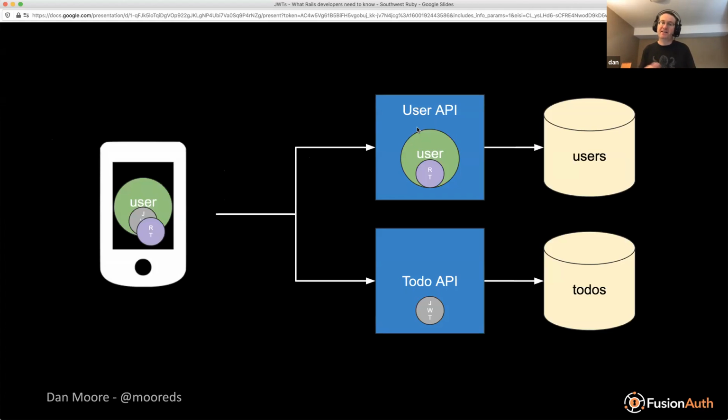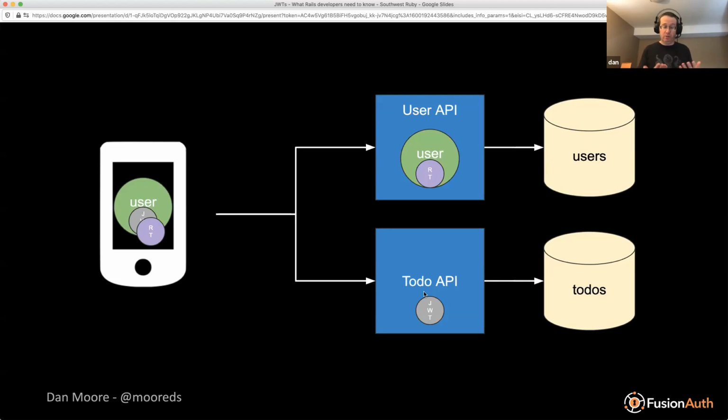The user API then sends down a refresh token and a JSON Web Token. The client stores both of those in a secure location. The JWT has an expiration, maybe of a couple of minutes, maybe a couple of hours. The client, as it is communicating with the to-do API, again, to build that to-do app, will present the JWT periodically.